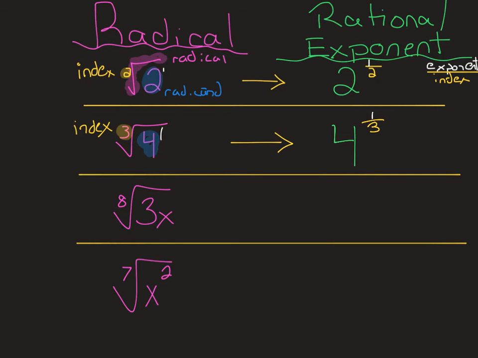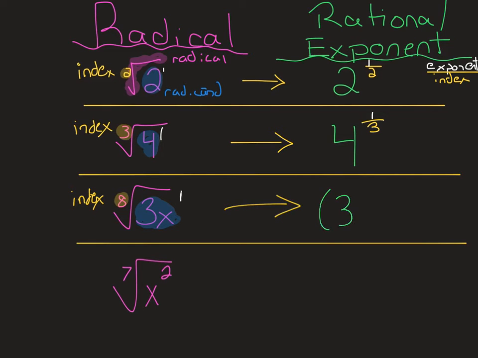Let's try one that has a little bit more going on. Okay, so in this third example, my index is 8. My radicand is 3x. They're both a part of that radicand because they're both underneath the radical symbol. The exponents on both of these are 1. So when we take that over, we are taking the entire radicand.